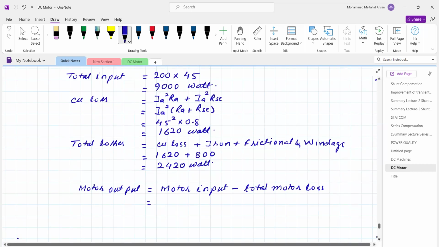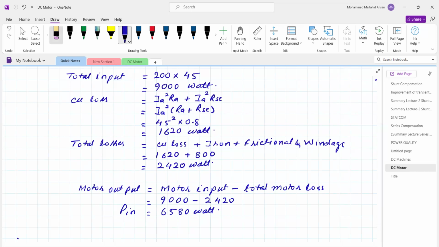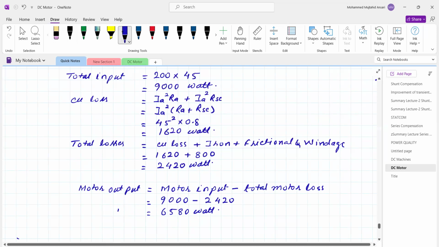So motor input is 9000 watt minus 2420 watt. So the motor output P out equals 6580 watt. So this is the motor output.